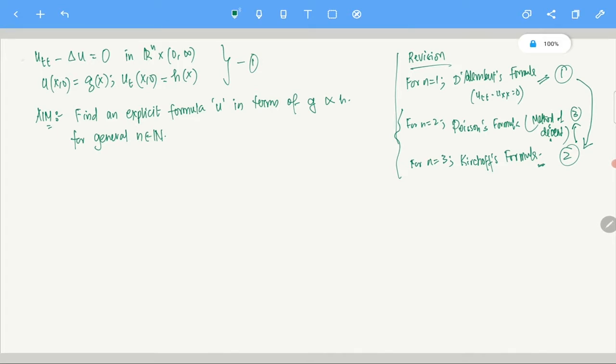So let's do that. First thing first, I'm going to write down some identities. First, we have to find the solution for n odd.